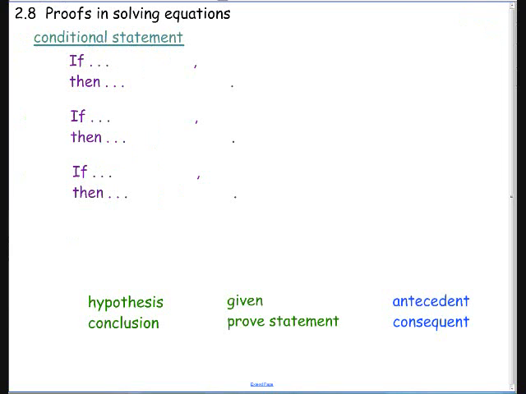We're going to move right into conditional statements, which always take this form. If, then, if, then. Occasionally the then isn't mentioned. If I don't study for the test tomorrow, I will fail it. I didn't put the then in, but we know that's implied.